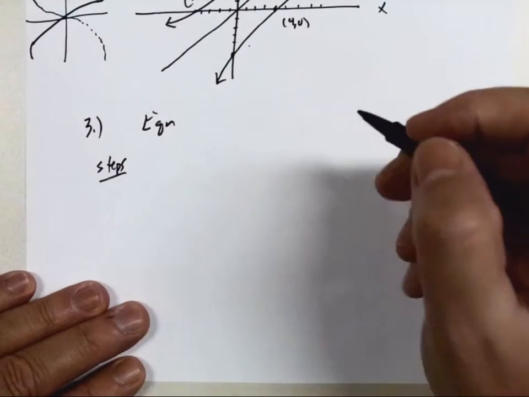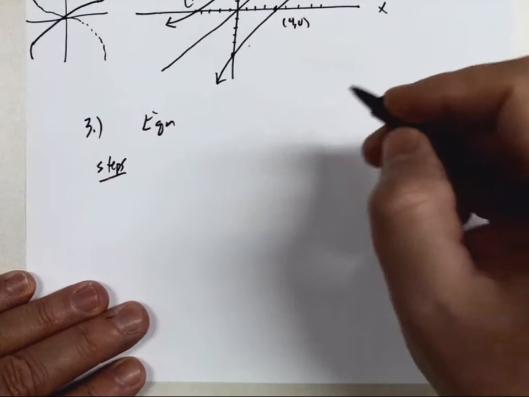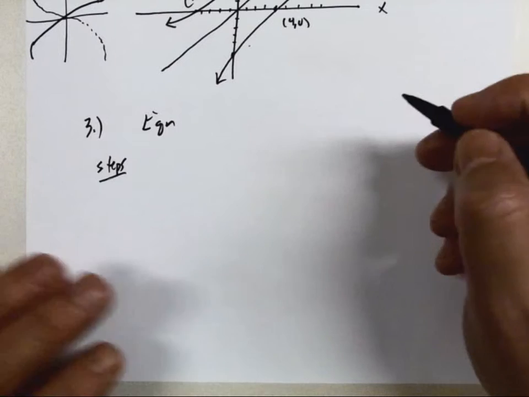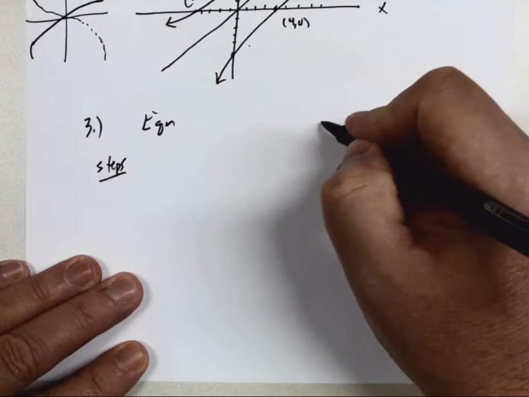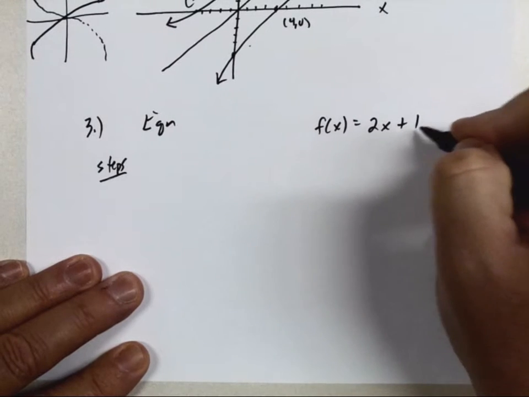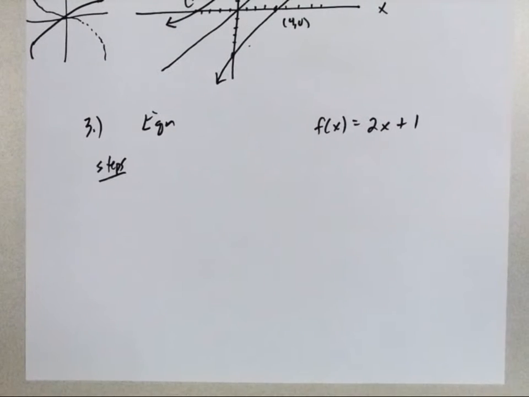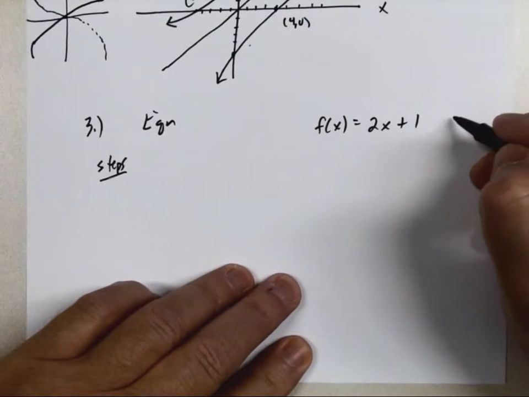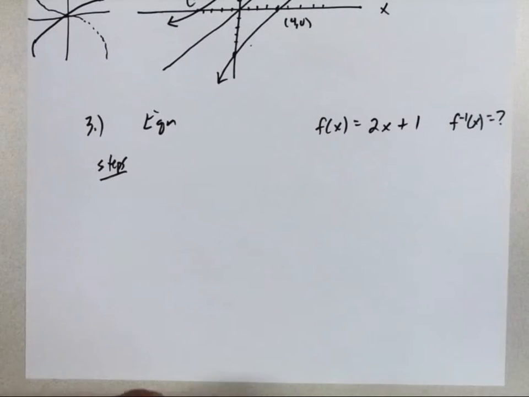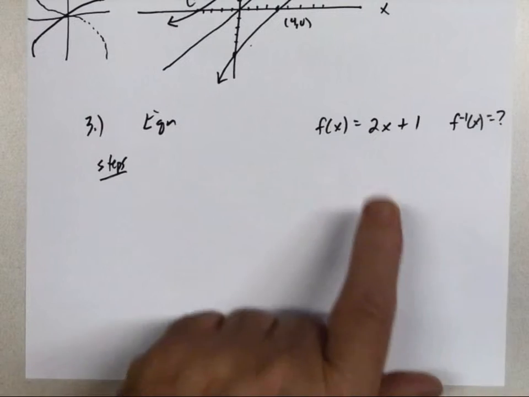I'll give the steps and I'll do an example. How about I'll just do the one I started with way back at the beginning. That first function I gave you was 2x plus 1. We want to determine the inverse of that function.